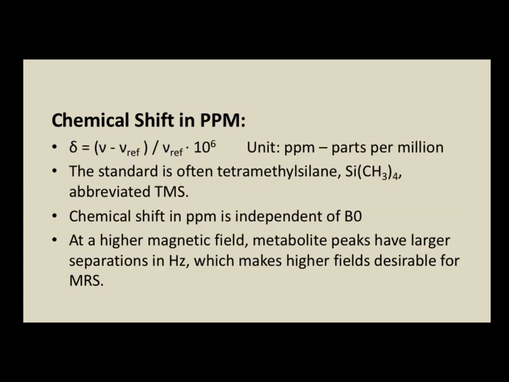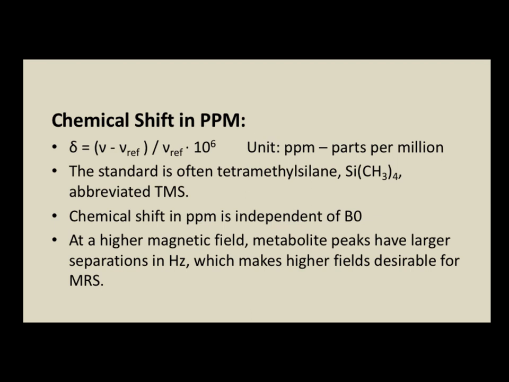So the chemical shift in ppm, delta, is defined as the difference between the resonance frequency of a nucleus and the resonance frequency of a standard compound, then divided by the resonance frequency of the standard compound. The standard compound is often TMS.